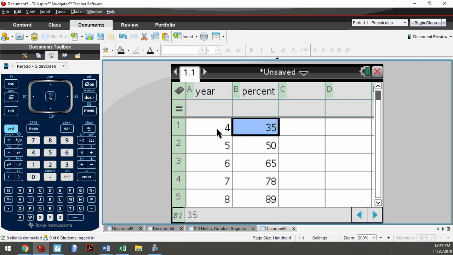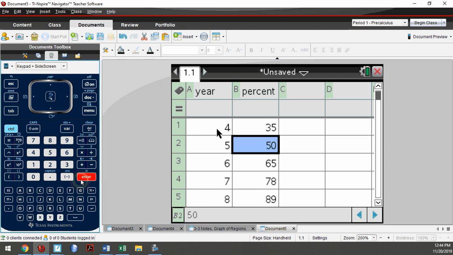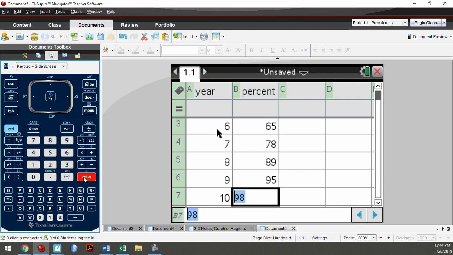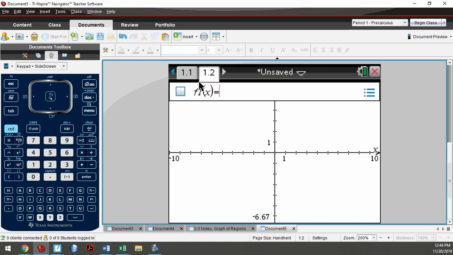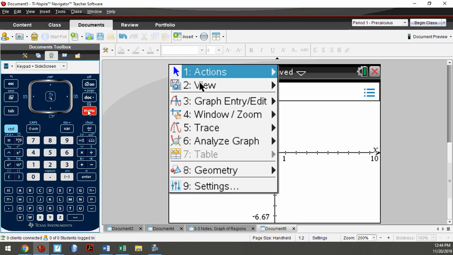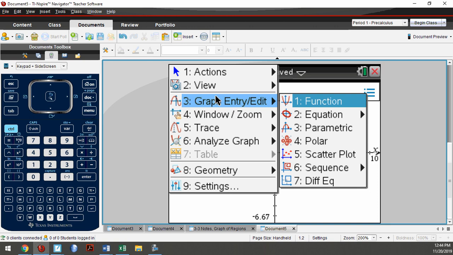Okay, so now that we have our data, we've entered it. I'm going to go where you guys are at, which is at the bottom. Now we're going to control doc, and we're going to add a graphs page because we want to actually physically graph this thing. So notice it brings me to F1. F1 means a function. I don't want to graph a function. What do I want to graph? A scatter plot. So you're going to hit Menu, Graph Entry, and what do you want?